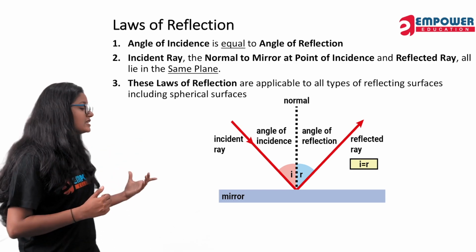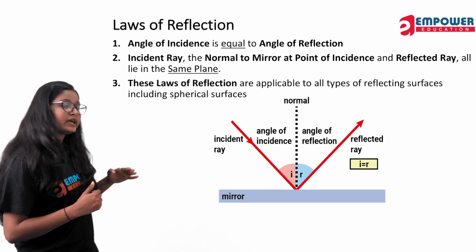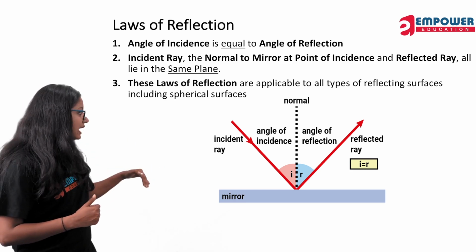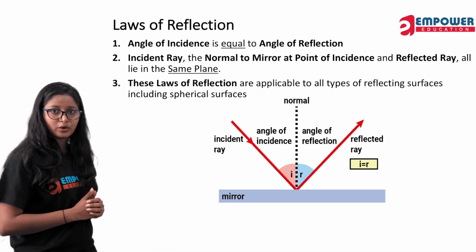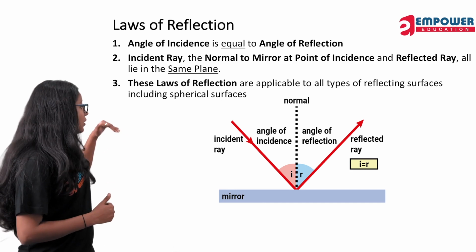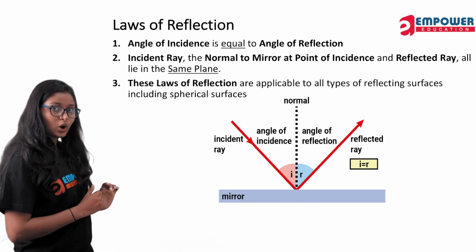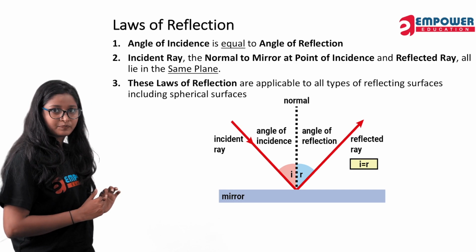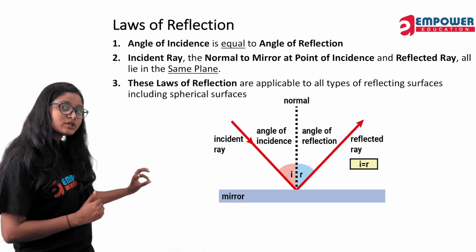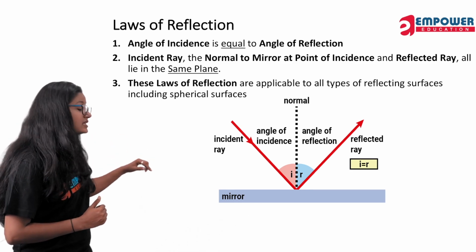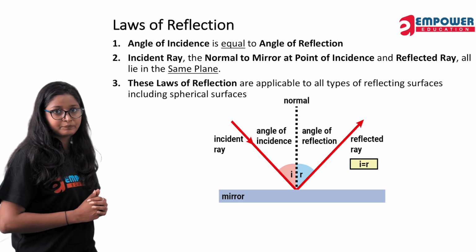In this figure, I have a plane surface and a perpendicular normal to it. When rays are incident on the smooth surface, they get reflected back.